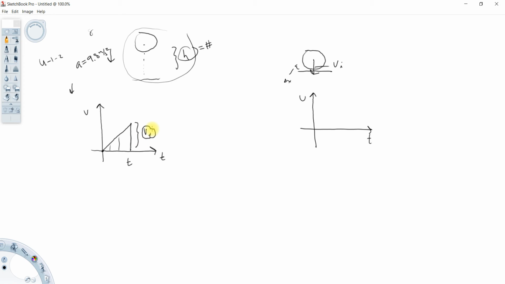These graphs have two equations that we can use here. First, the acceleration, which is going to be 9.8 meters per second squared, is equal to rise over run. Now, I don't believe there's enough information here to solve that, so we're going to write another equation. The distance, h, is going to be given by this area.